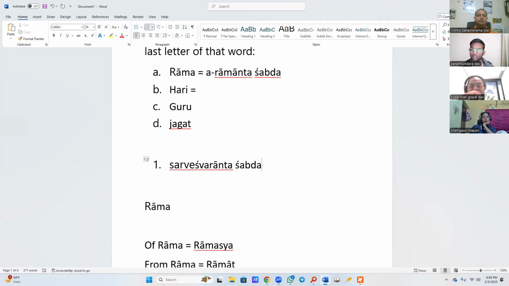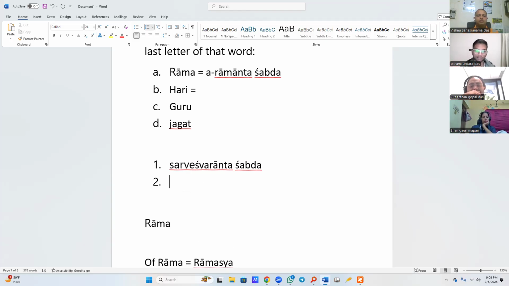These are those words which end with the svaras, vowels, like Rama, Hari, Guru. Then the second category is the Vyanjananta Shabda. What are the Vyanjananta Shabdas? Those words ending with vyanjanas, consonants, like Jagat, like Bhagavat, ityadi.